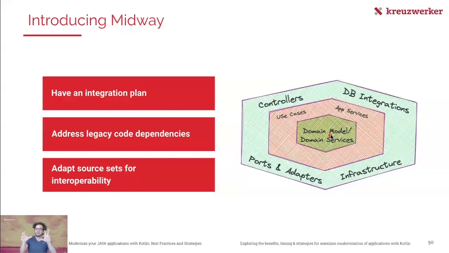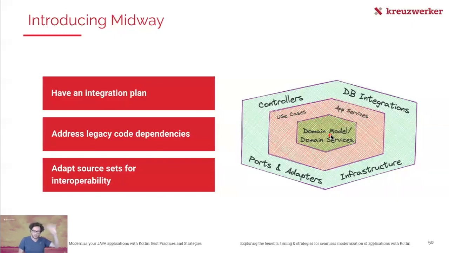And you see the intermediate layer here, the app services, use cases, application services. They are these red packages that we saw earlier, right? And then on the outer level, like on the integration level, controllers, ports, adapters, the infrastructural layer, that could also be a candidate to start gradually migrating to Kotlin.